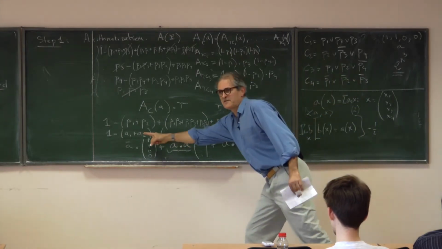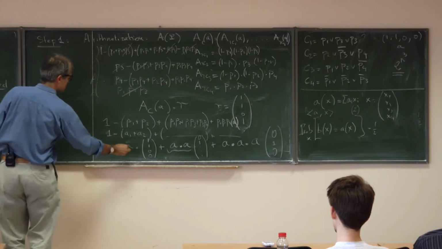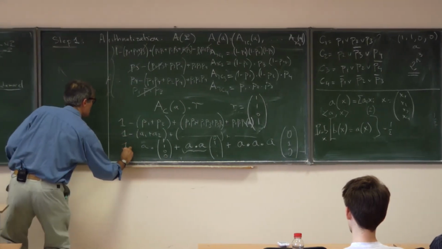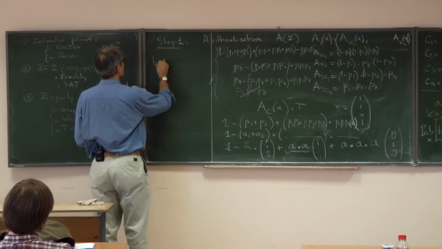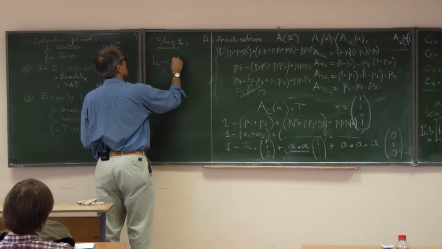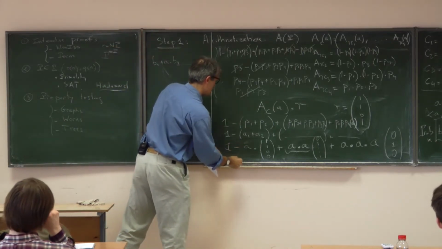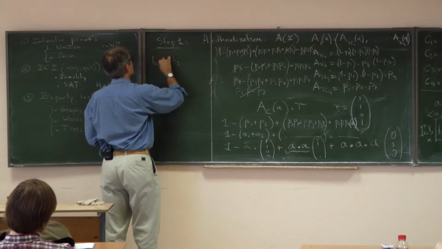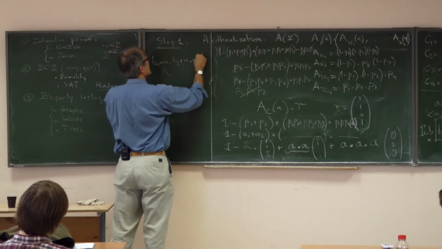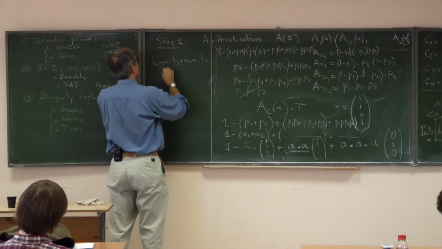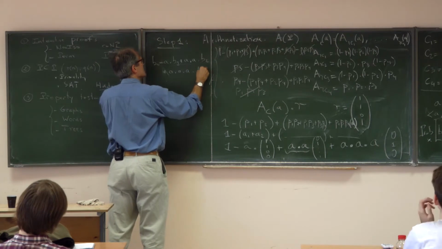So you want to write this expression as B0 minus A times B1, or plus A times B1, keep the sign here, plus A times B2, plus A times B3.